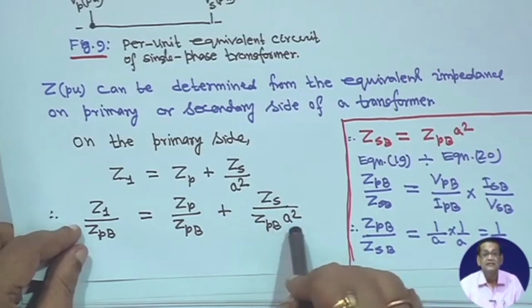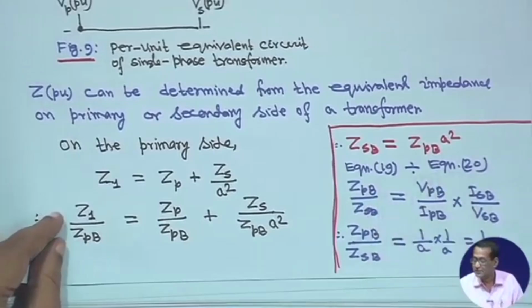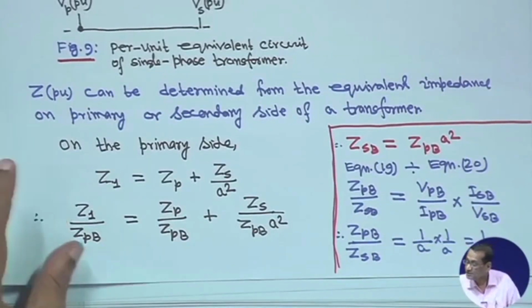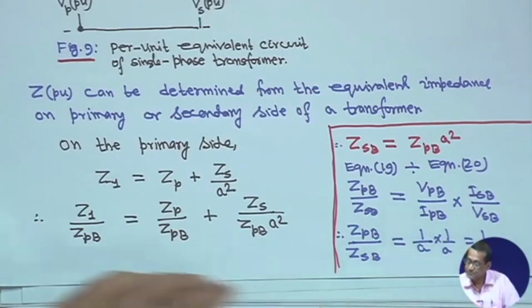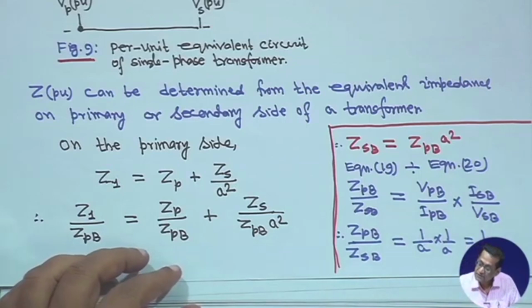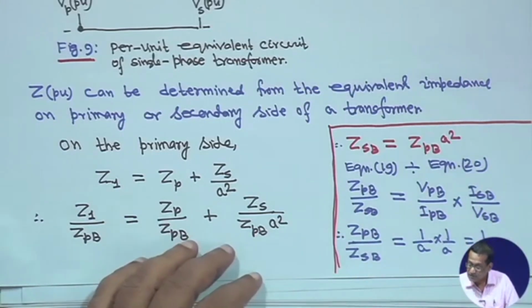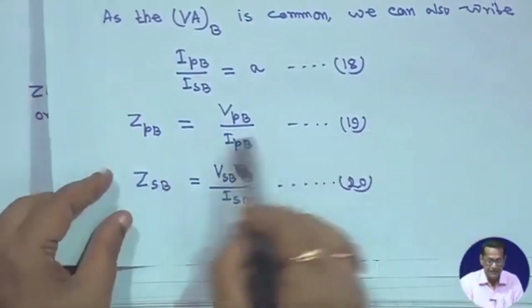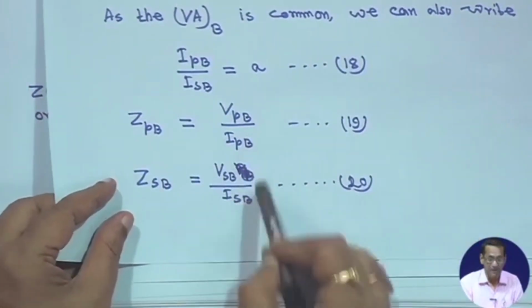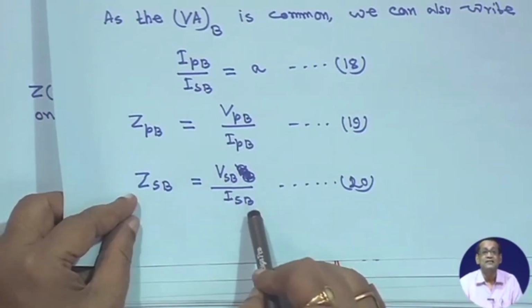Now, this is actually ZSB, because we made it in equations 19 and 20. ZPB is equal to VPB upon IPB, and this is equation 20, ZSB is equal to VSB upon ISB.